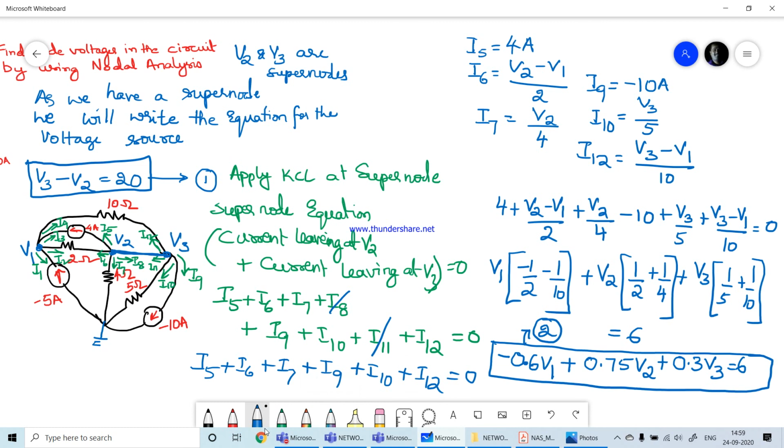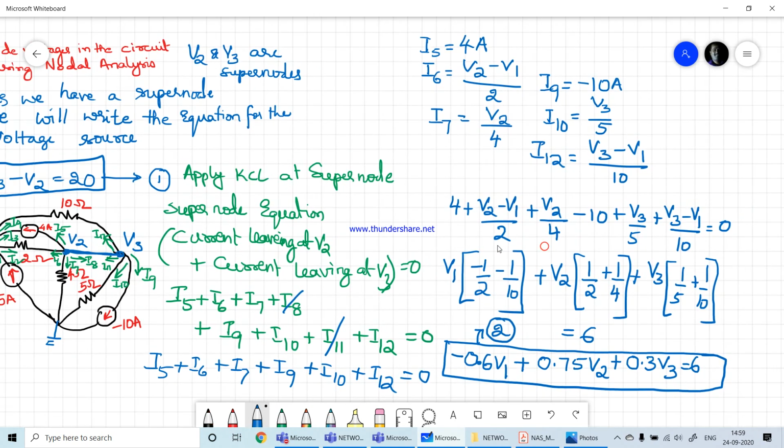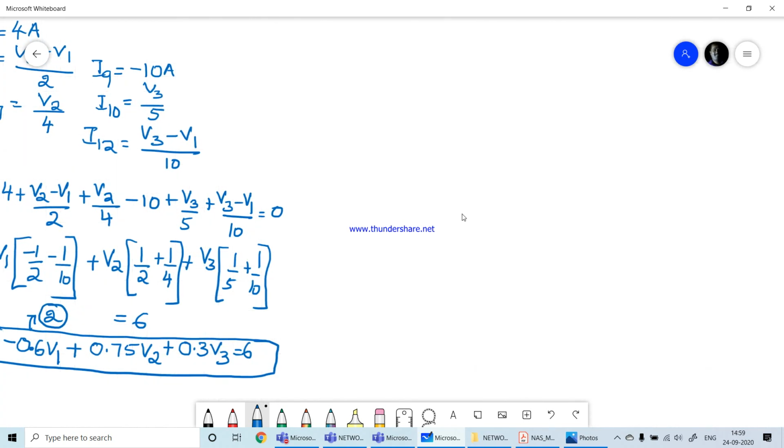Then the next step is to write the KCL at the remaining node. Which is the remaining node now when V2, V3 are the super node? V1. So we'll write the KCL at V1.